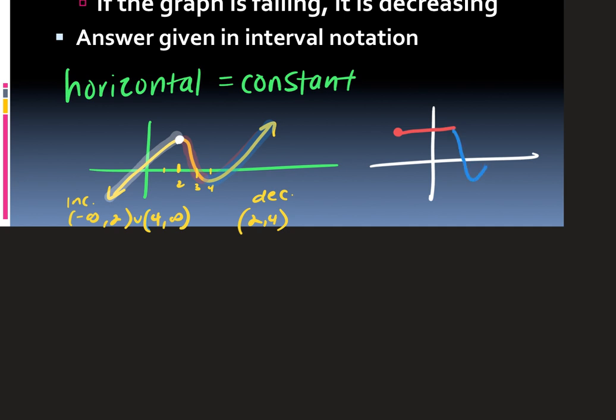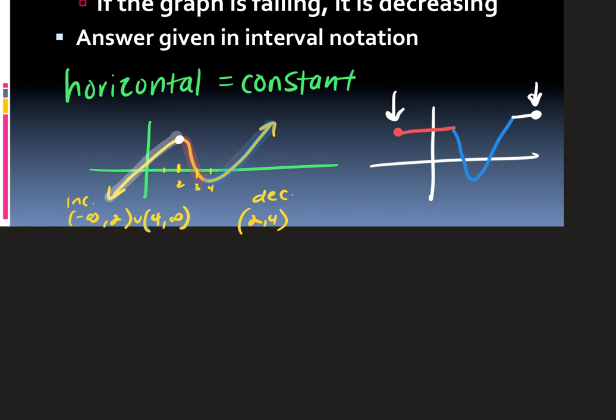Even if it becomes decreasing and increasing, this is the only time I would use a bracket. Or if it ends decreasing, ends constant, here, I would also use a bracket. That's the only time you see a bracket on increasing and decreasing behavior.